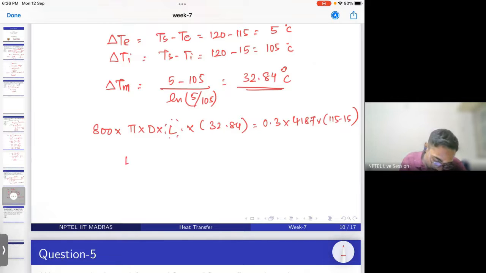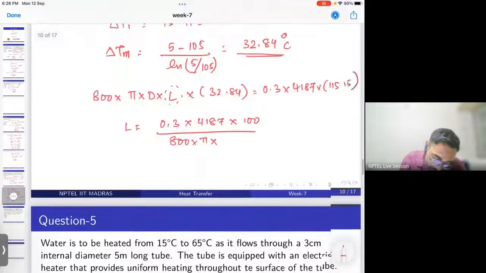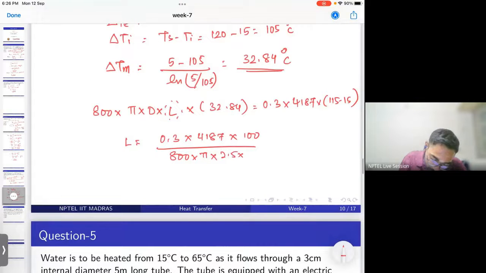So the length L is equal to 0.3 into 4187 into 100, divided by 800 into pi into D, which is 2.5, we are converting into meters, pi D into 32.84.